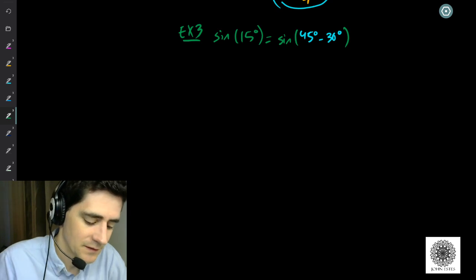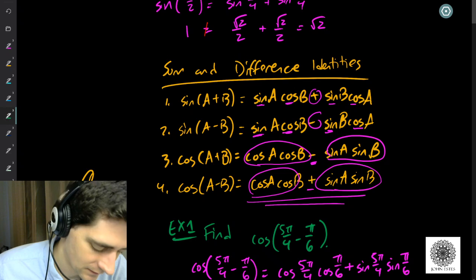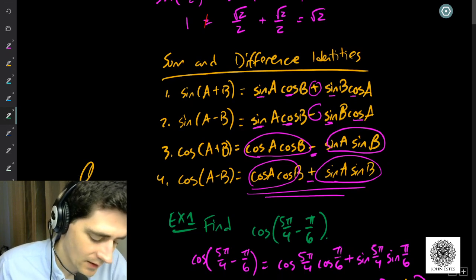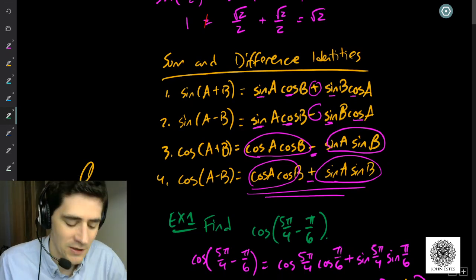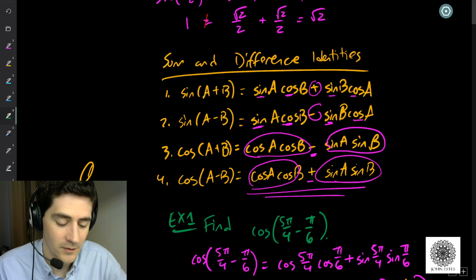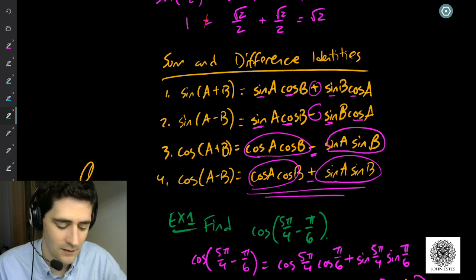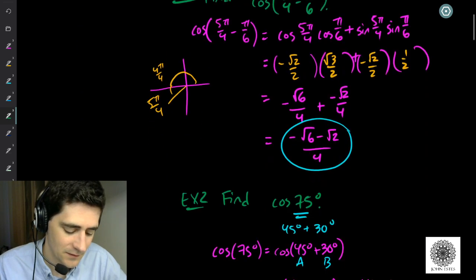All right, so I'm doing a sine subtraction. Let's go back and look at what our identity was for that. Sine A minus B, you change your trig value. So you have sine A, cosine B, but you keep the sign, the plus or minus. So it's going to be sine A, cosine B, minus sine B, cosine A. Okay? So let's see if we can remember that.